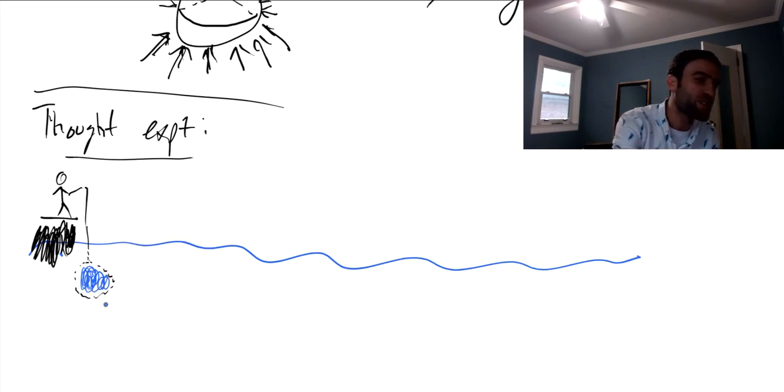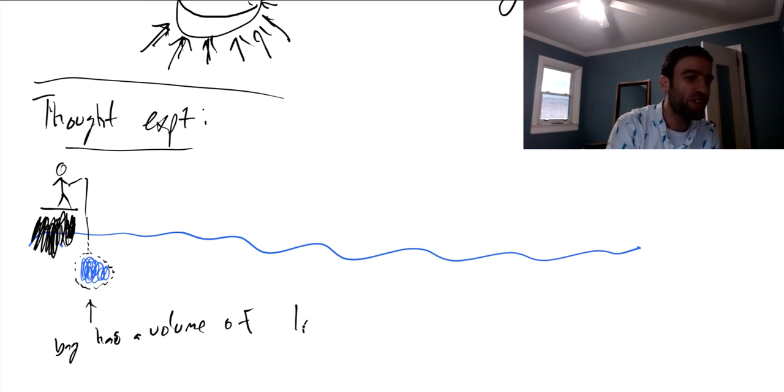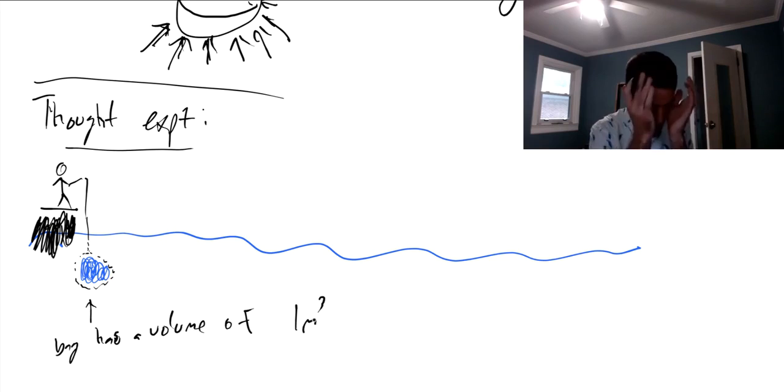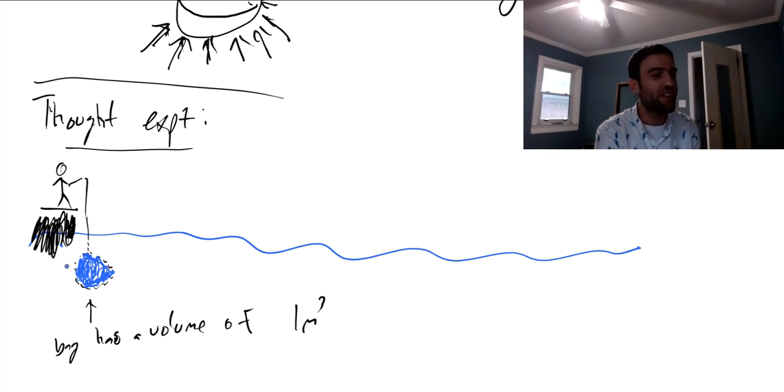And let's suppose that the bag has a volume of 1 cubic meter, right? I don't really care what the shape of it is because the bag is just some floppy thing. But it's got about a cubic meter of volume inside of it. And what we've done is actually filled it completely with water. Okay, so there's no air bubbles, there's nothing like that, totally filled up. And then we're dunking it underwater, okay?